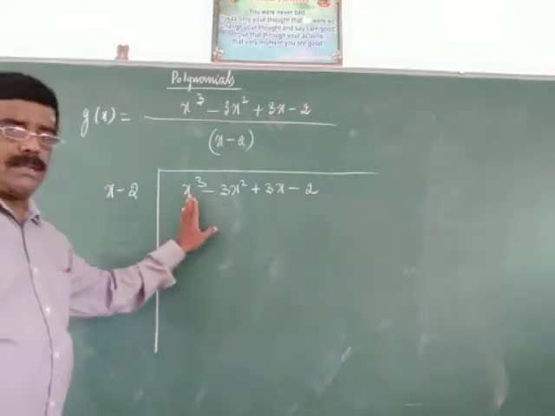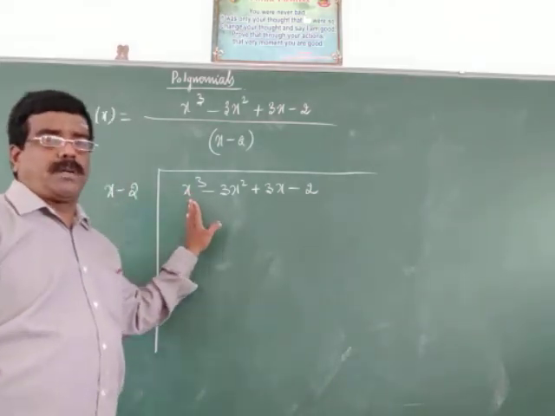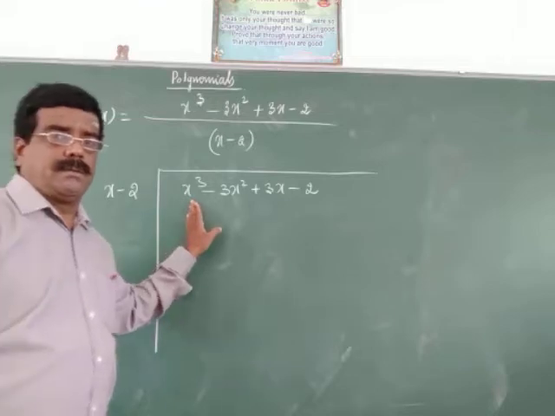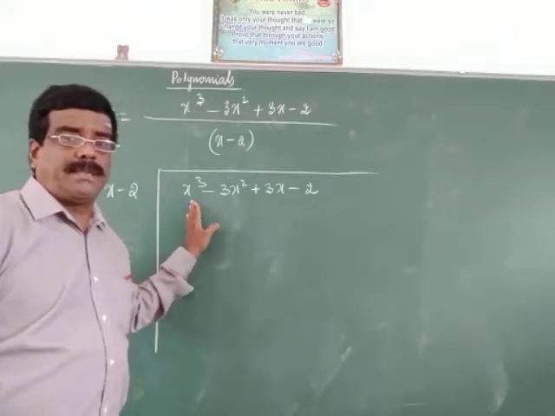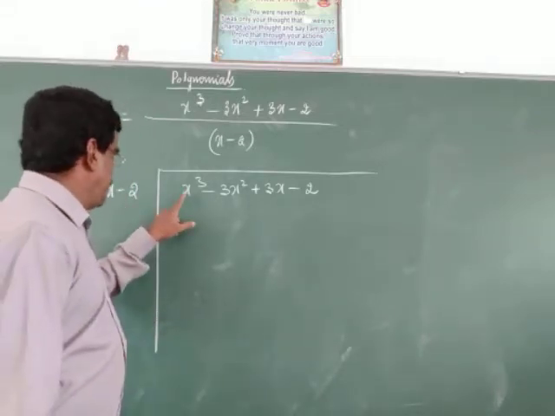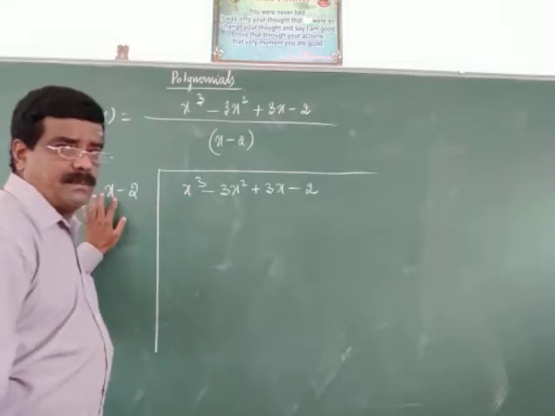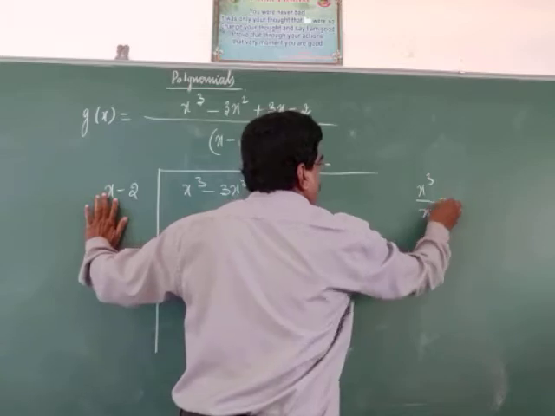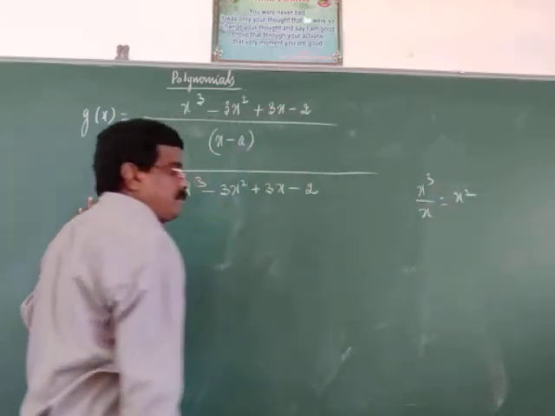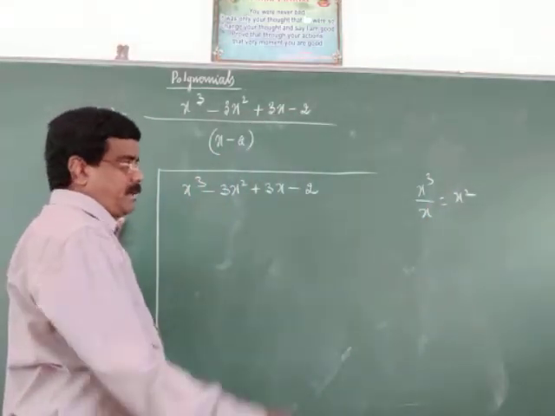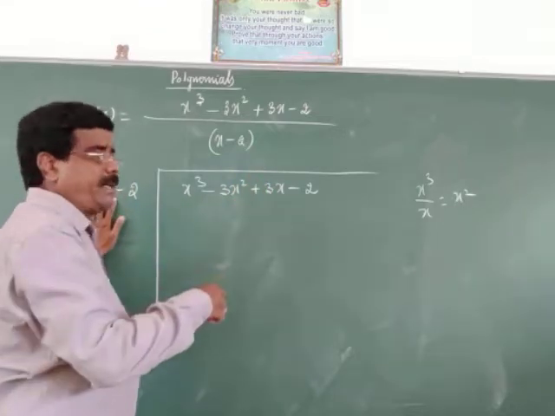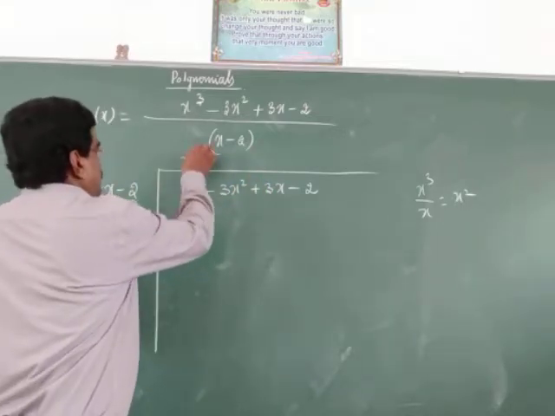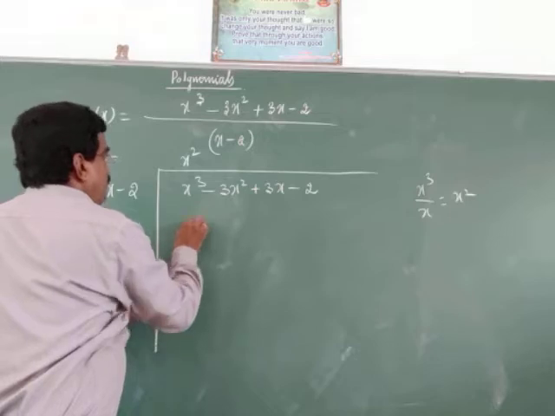With the same procedure, children, slightly faster I will do, because by this time you might have understood or learned. That is x cube by x. We get x square, because x cube means x dot x three times, one x is done and the remaining x square as it is. That is x square. So x into x square is x cube.